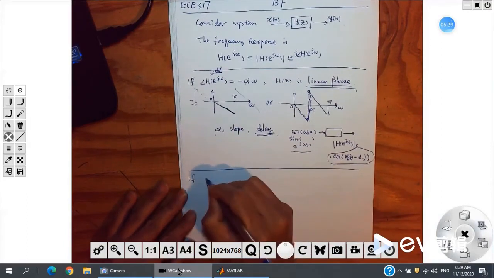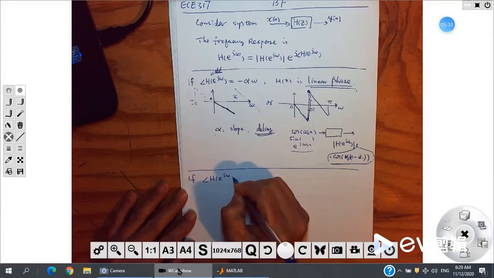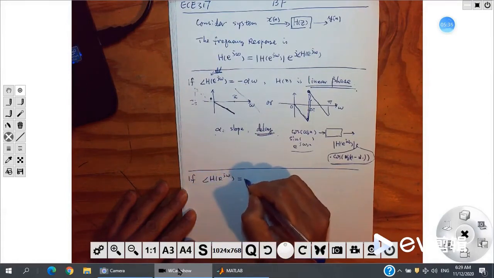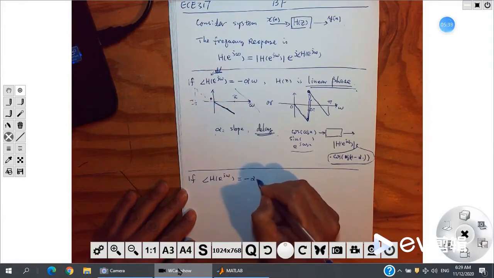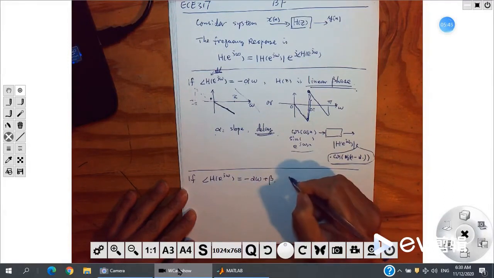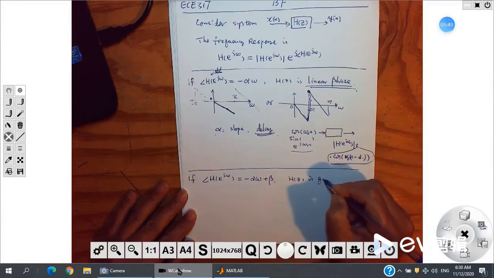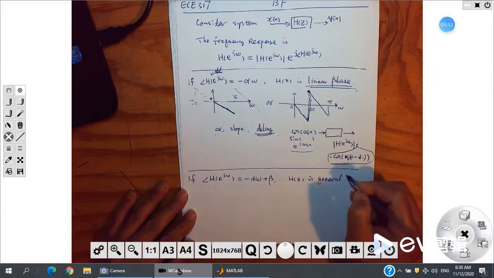If the angle of H of e to the j omega equals still a straight line, negative alpha omega plus some beta, then this system H of z is a general linear phase system.